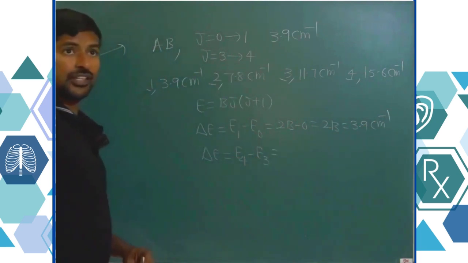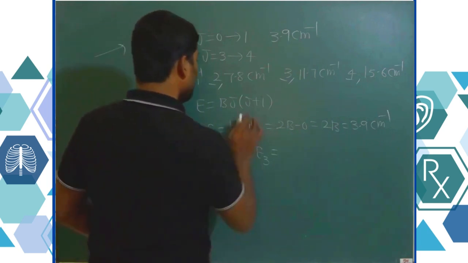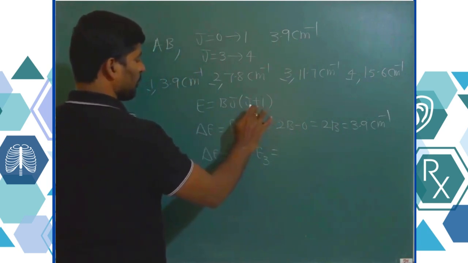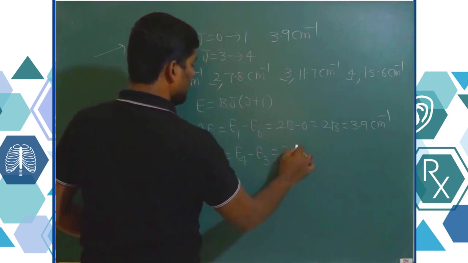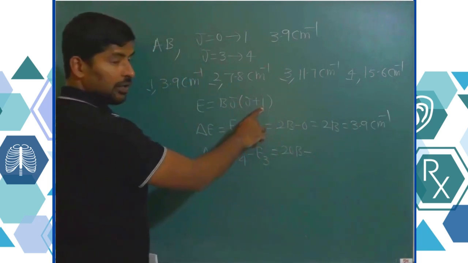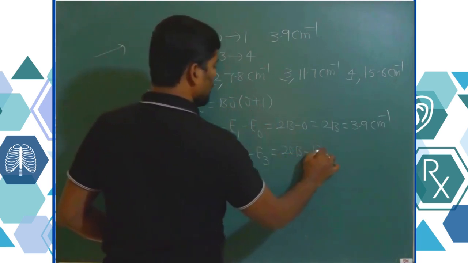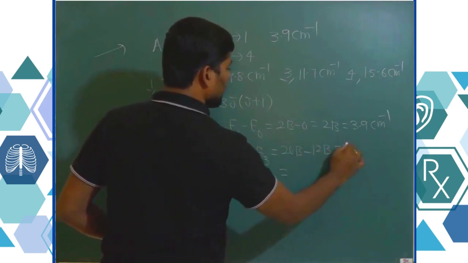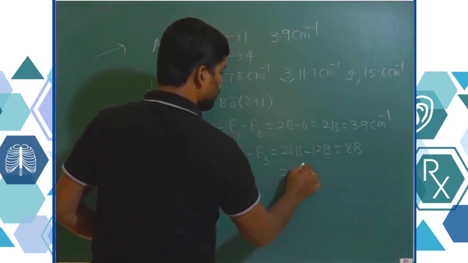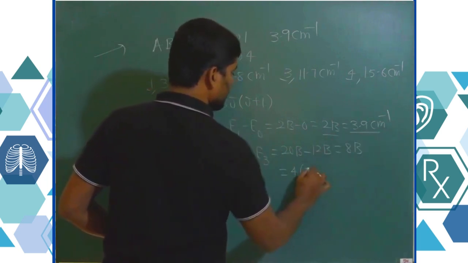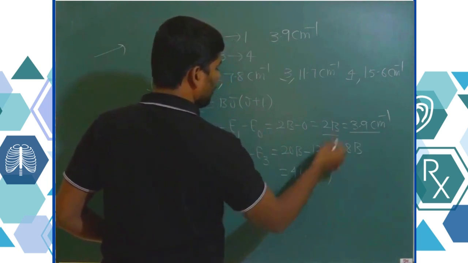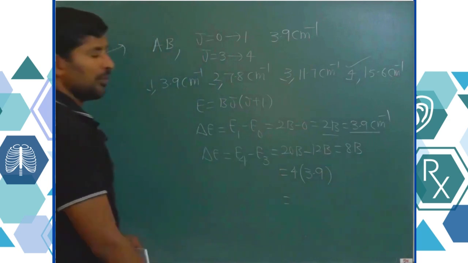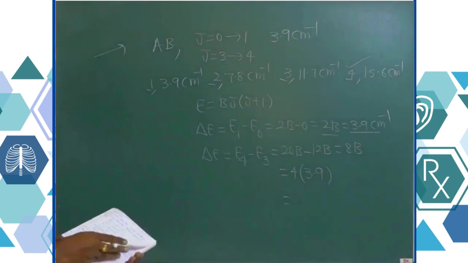E4 is 4 plus 1, 5, into 4, 20B, minus E3, 3 plus 1, 4, into 3, 12B. That means we get 8B, and 8B means 4 into 2B. 2B is 3.9, so 4 into 4, nearly 16, that is 15.6 centimeter inverse.